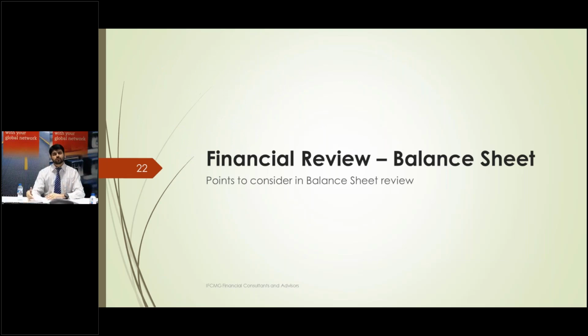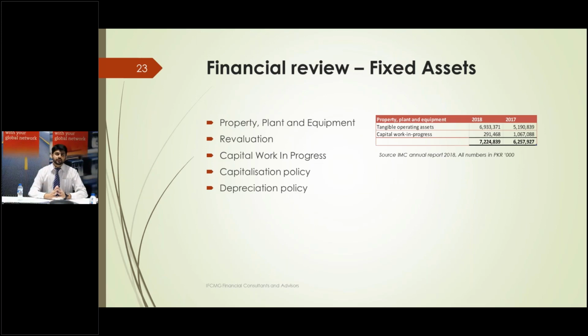So moving on, we move on to review of the balance sheet. And in the balance sheet, the first line item is obviously property, plant and equipment, under the category of the fixed assets.